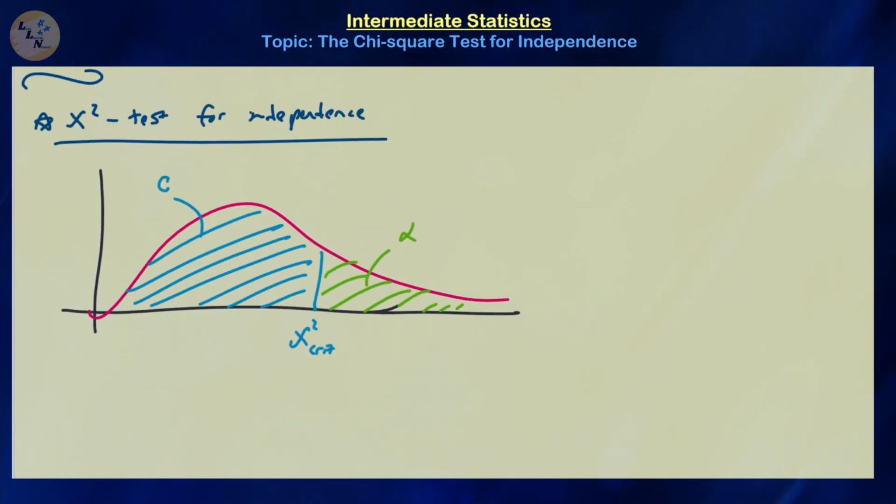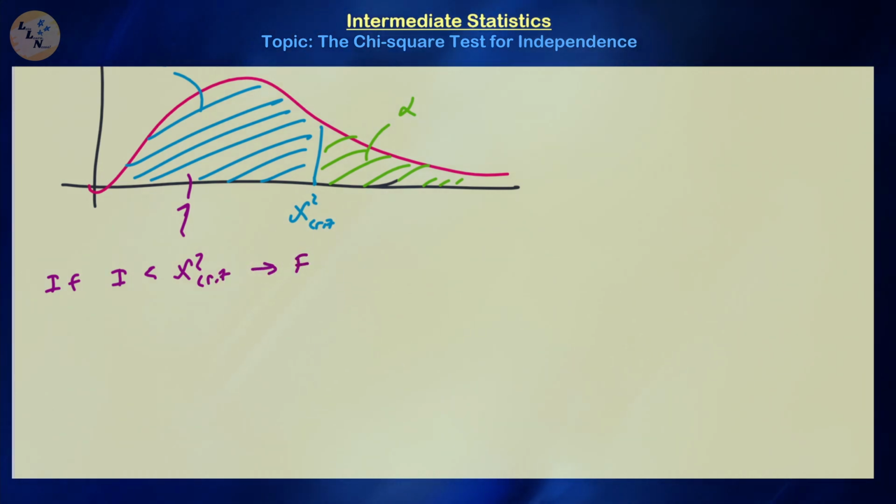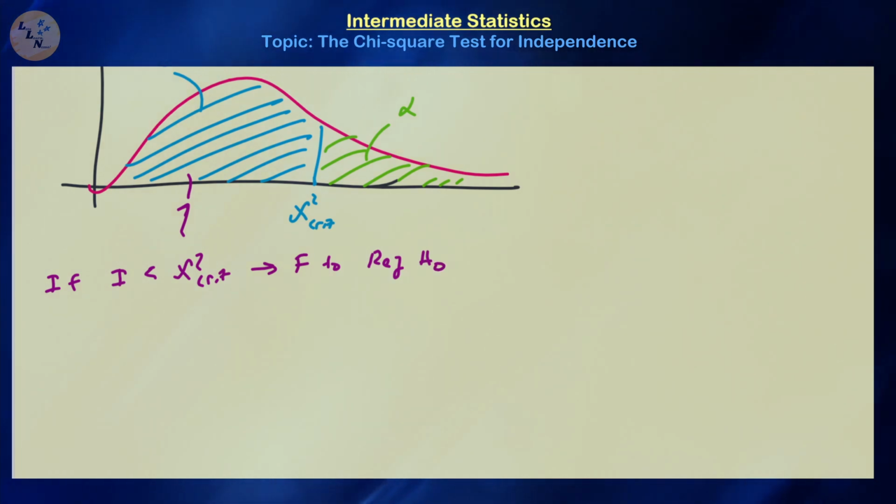So if our test statistic is here, so if I is less than our chi-square critical value, then we're going to be failing to reject the null hypothesis. So if we fail to reject the null hypothesis, that means we're implying that x and y are not independent.